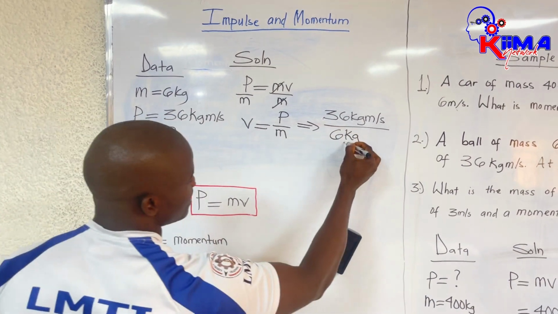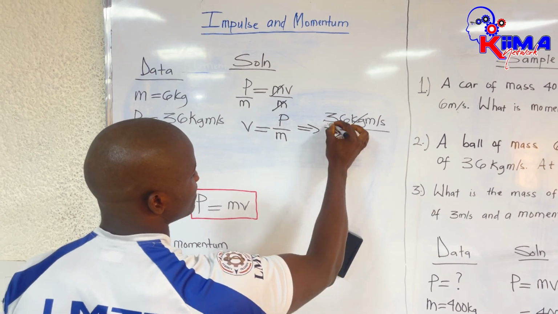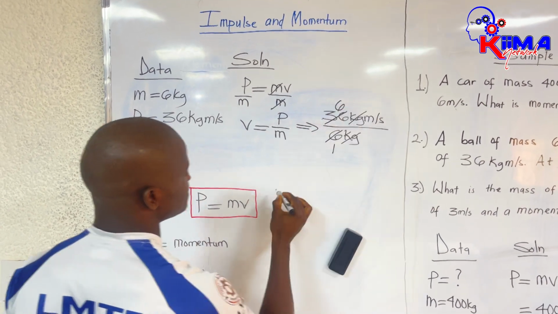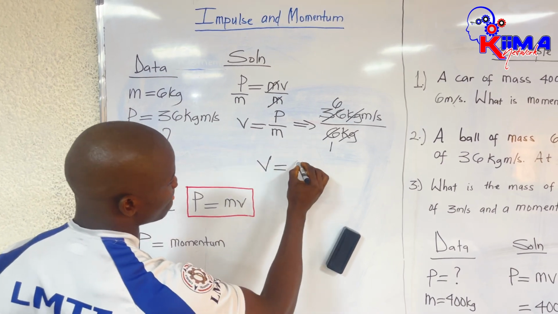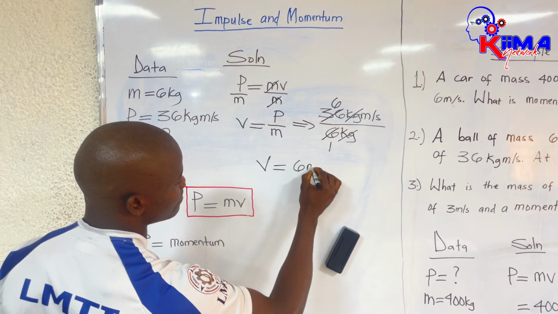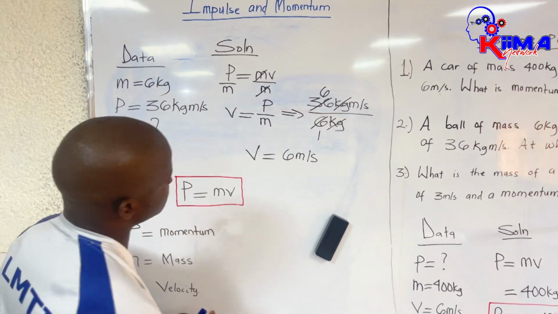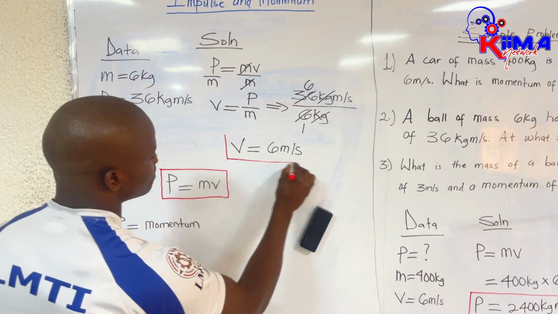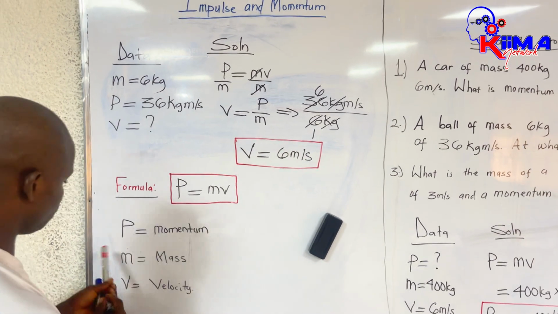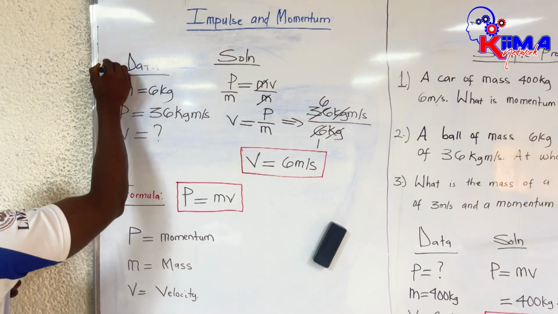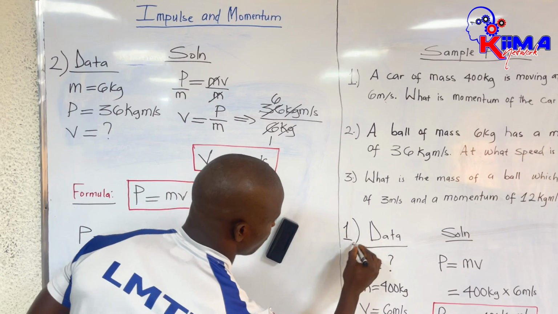Now kg cancels kg, and 6 into 36 is 6 times. So our velocity here equals 6 meters per second. This is the speed at which this ball is moving. So that is the solution for question number 2.